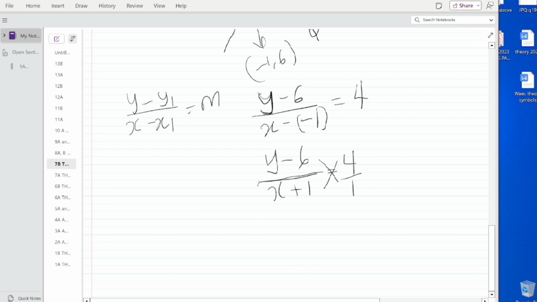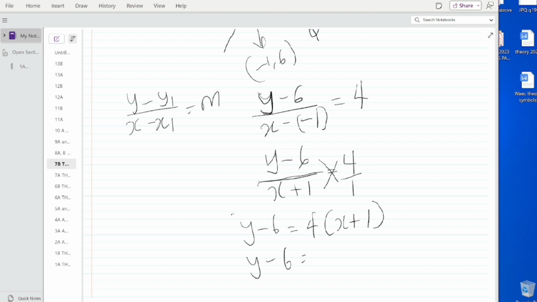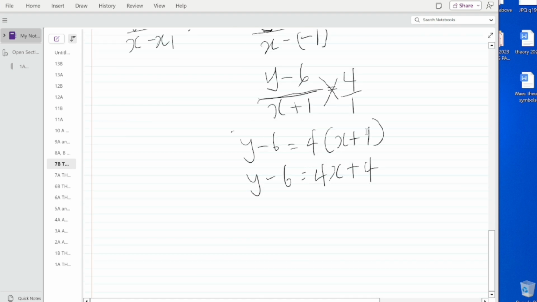Then we'll have y minus 6 times 1 will give you y minus 6 equals 4 times x plus 1, 4 into bracket x plus 1. So y minus 6 equals 4 times x is 4x, and 4 times 1 is 4. This 4 multiplies the two of them, because the 4 affects both.